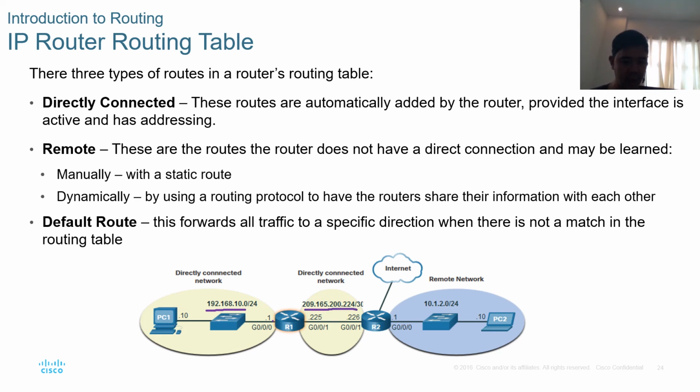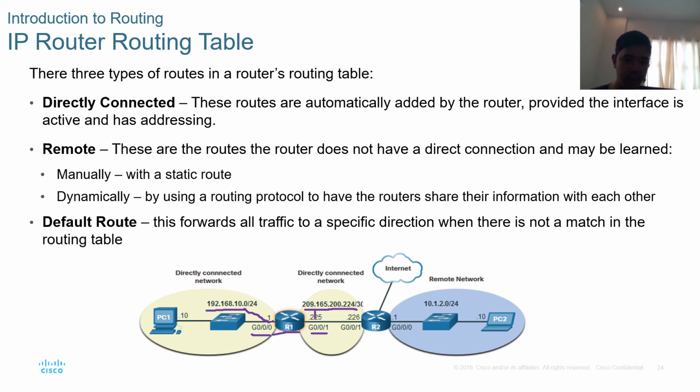If you notice, the network 192.168.10 and this 209 are connected to R1. 192.168.10 is the network of its G0 interface. This 209.165 is the network of the G0/1 interface of R1.